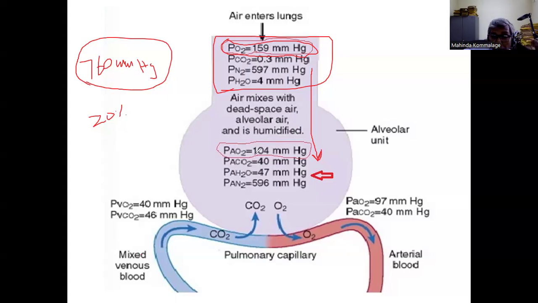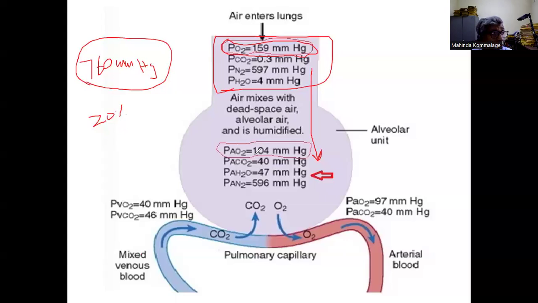Why? What can be the reason? There is some air in the alveoli already with a low partial pressure of oxygen. Yes, very good. So there is always some mixing of gas.